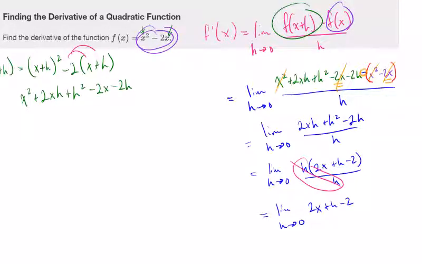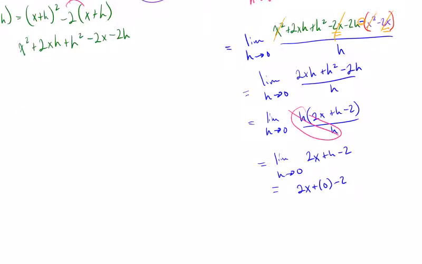And now we can actually directly evaluate, right? So we can plug in 0 here. So it's going to be 2x plus 0 minus 2, and so it just turns into 2x minus 2. All right, so that's the derivative of f of x, and that's our final answer.